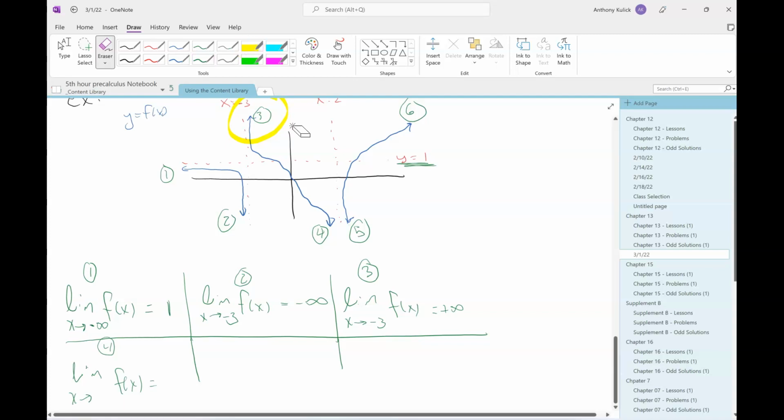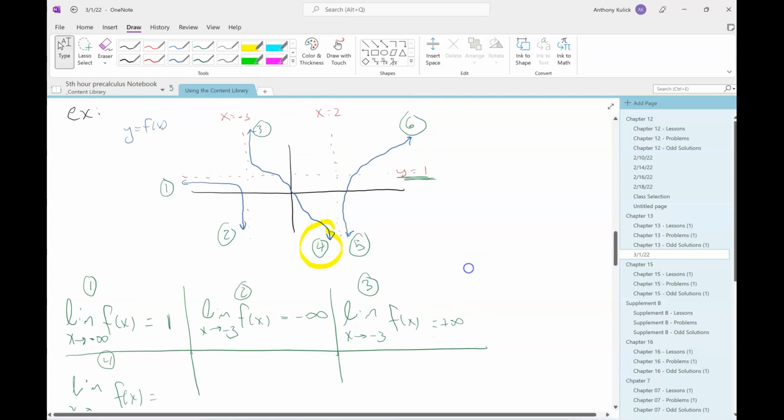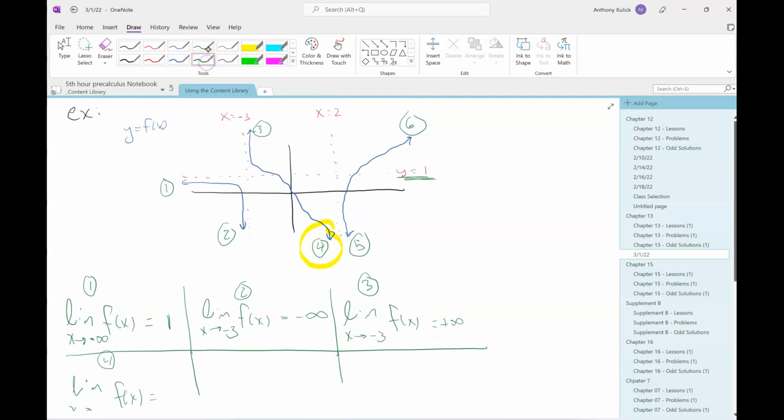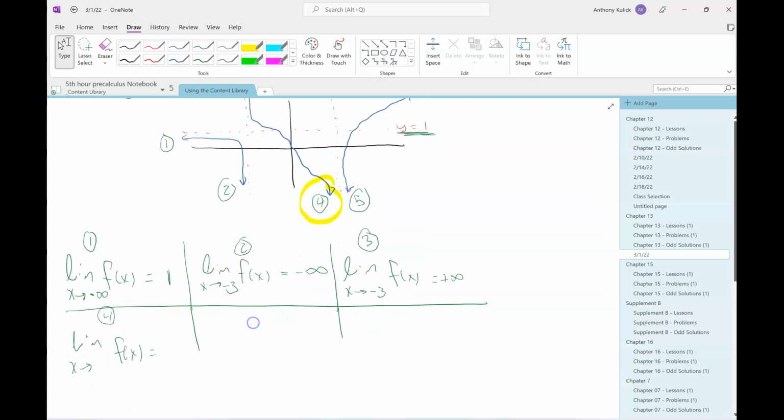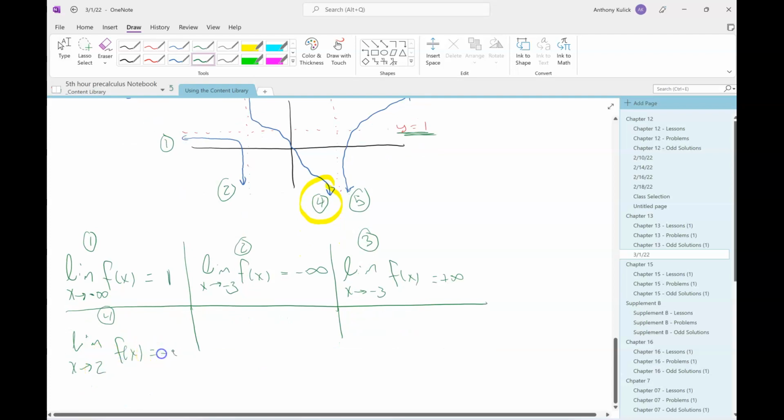Let's look at the one we've labeled as 4 that I've circled in yellow. What's going on here? What x-coordinate are we heading towards? 2, and the y-coordinate? -infinity. Is everybody doing okay with this? Is it feeling a little bit clearer?